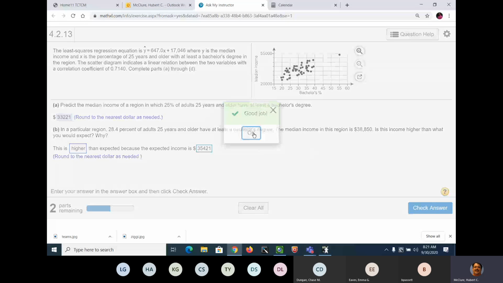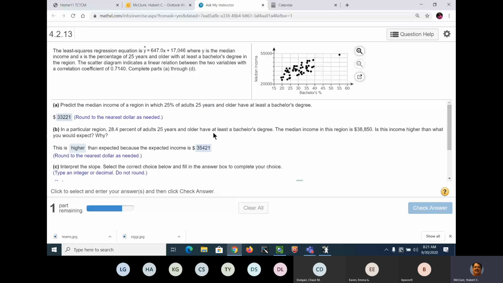Okay, that is not right. B is halfway okay. This part right here is very confusing, but you've got to go with a little bit of English here. This refers to this number. Is 38,850 higher than what you got?